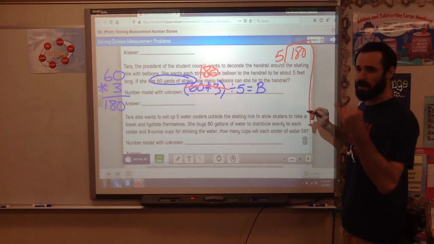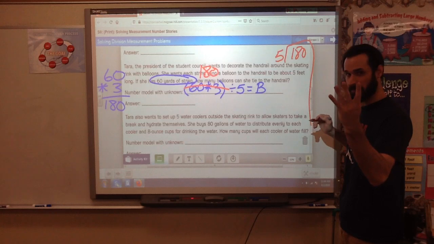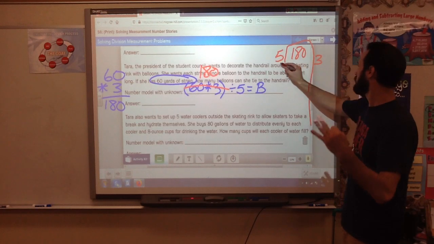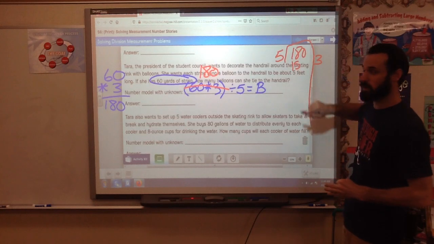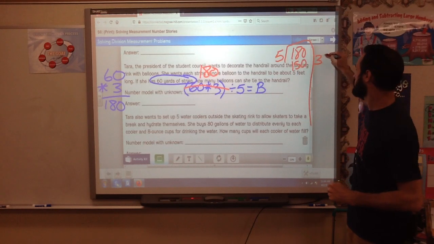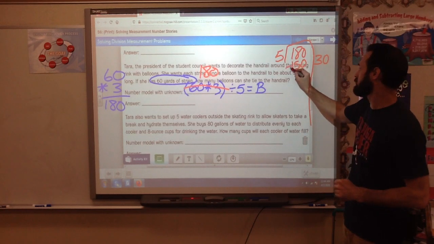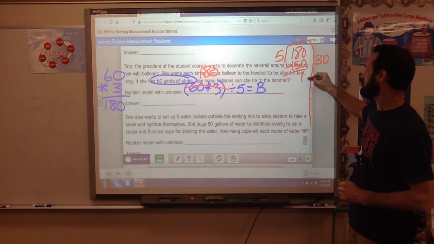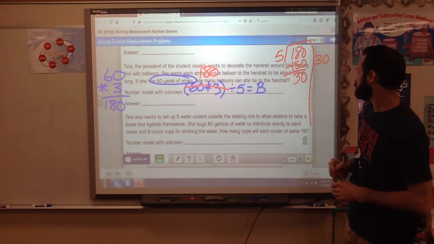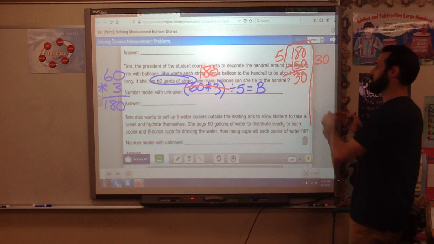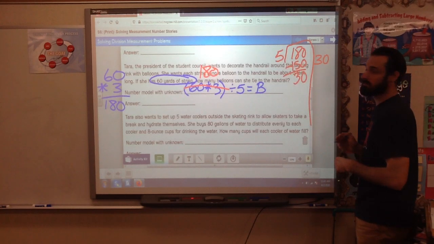When I do this, 5, 10, 15, 20, 4 would be too many, so I can only do 3. 5 times 3 is 15, because I was just working with the 18. If I had a 0 there, I can put a 0 there, and I can subtract. 0 minus 0 is 0, 8 minus 5 is 3, and 1 minus 1 is 0 again. Now it's pretty easy. It's just 30 divided by 5.